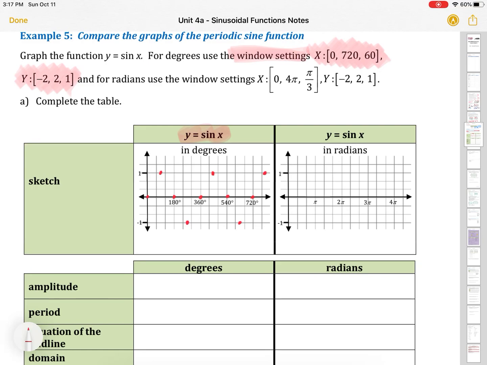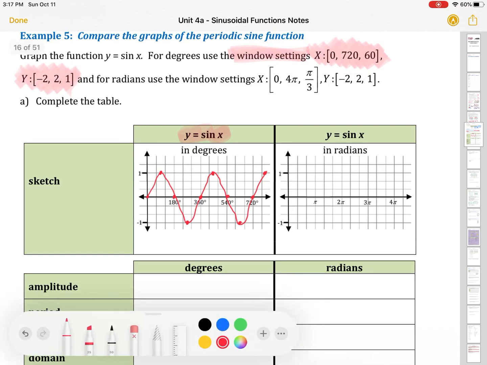Okay, so let's sketch this. It should be a little more curvy than I've done. I apologize for that. Now let's do the radians.